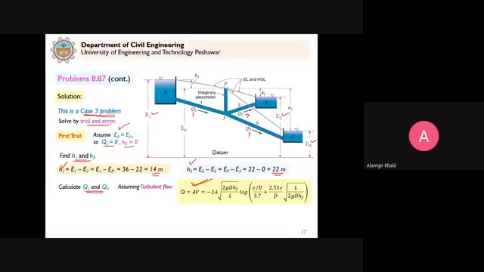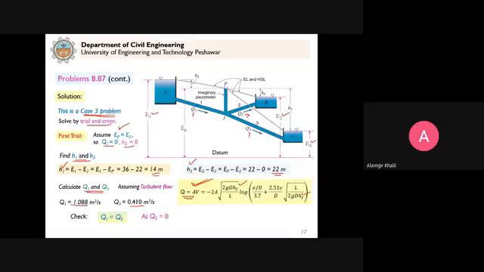We eliminate trial and error for F because friction factor is not given in the question, so we directly use this equation here. You just put H1 and H3 in here, and the pipe length and diameter. We can calculate Q1 and Q3. So Q1 comes out to be this much and Q3 comes out to be this.